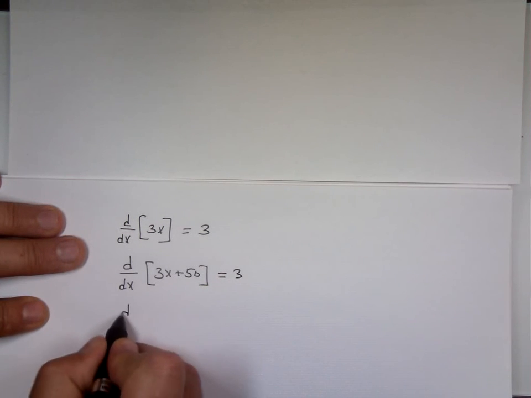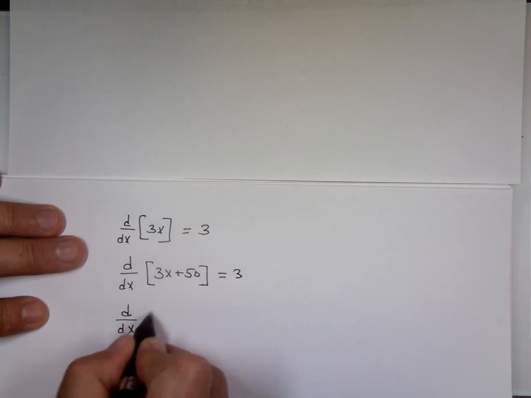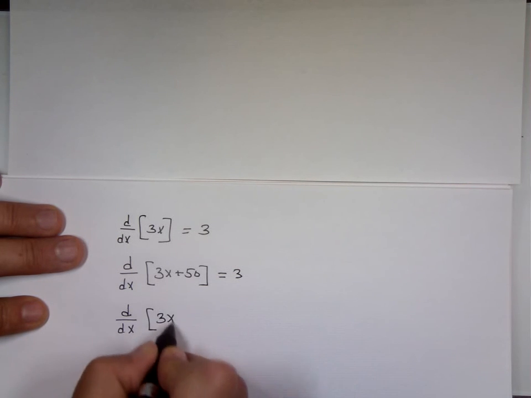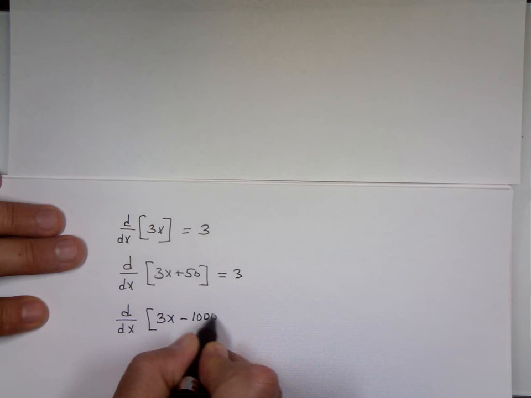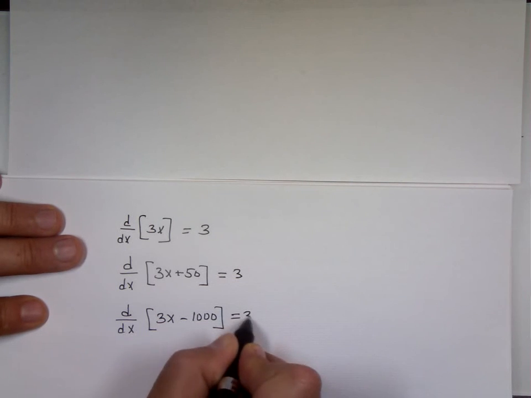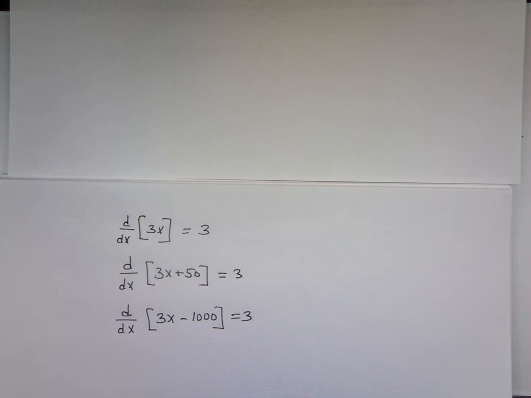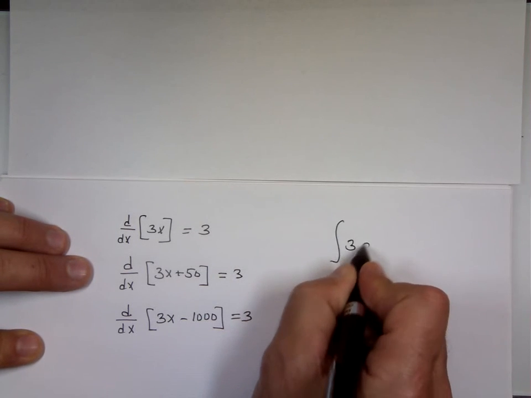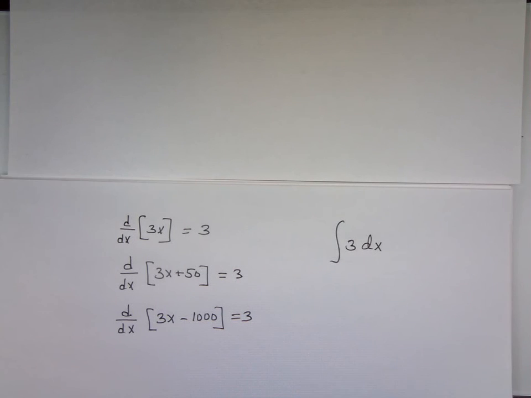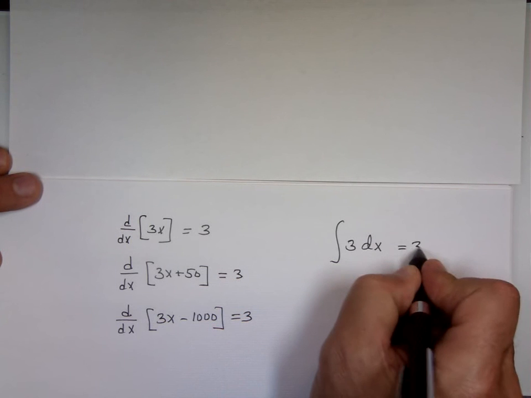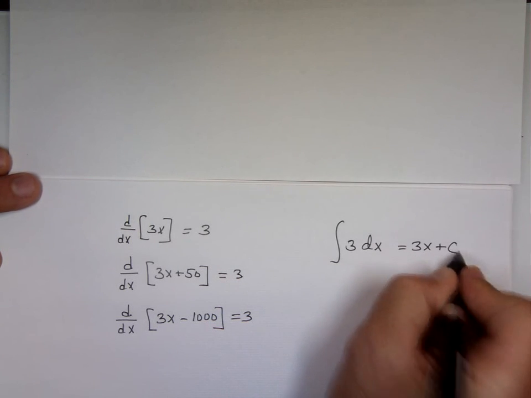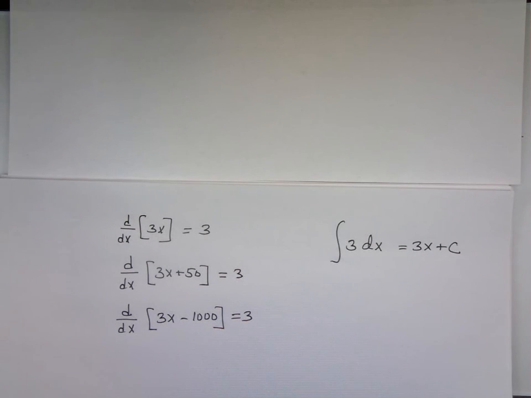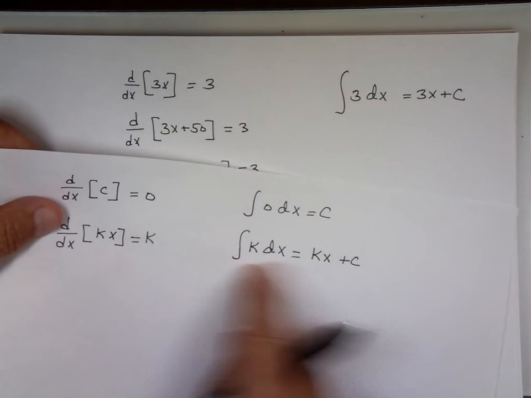What's the derivative of 3x minus 1,000? That's still 3. So what function has a derivative of 3? It's 3x plus a constant c. That's why we always add that constant. That's why here you saw me write plus c.